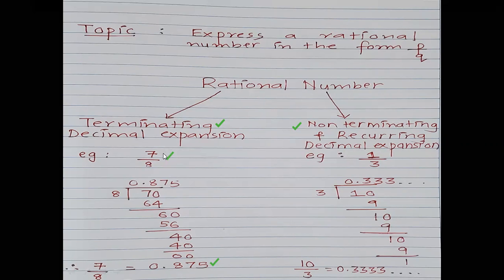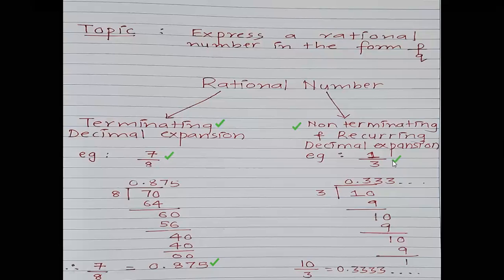So 7 upon 8 gives you 0.875 and the decimal terminates over here. It does not even get repeated. So such one is an example of a terminating decimal expansion. Let us go to the next example.